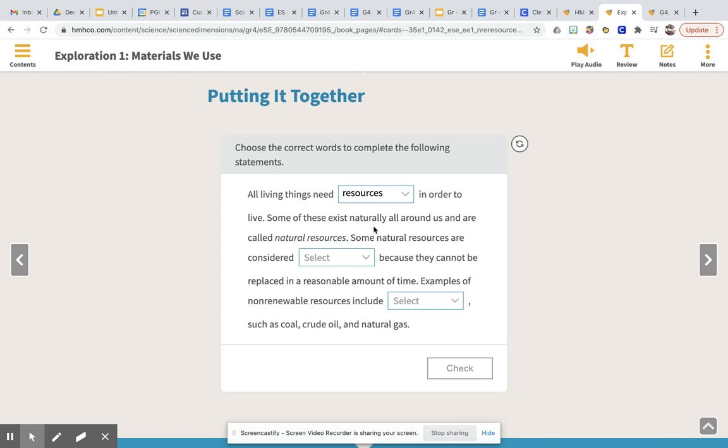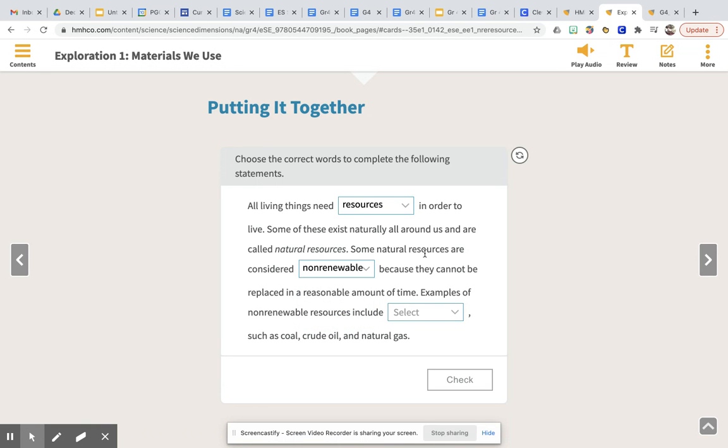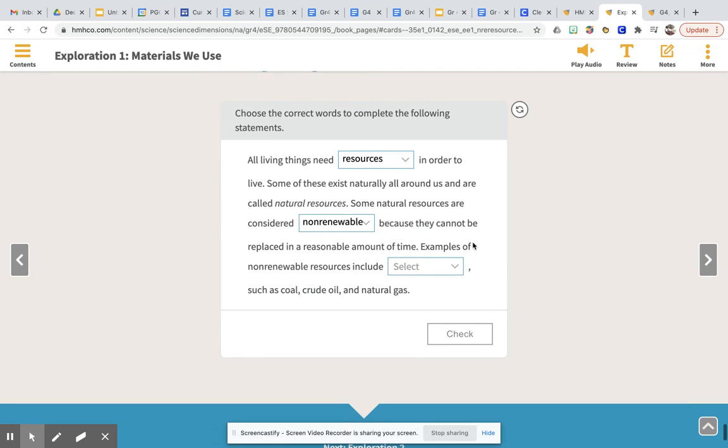Some of these exist naturally all around us and are called natural resources. Some natural resources are considered renewable or non-renewable, because they cannot be replaced. If they cannot be replaced, then what are they called, guys? That's right. Non-renewable resources cannot be replaced in a reasonable amount of time.